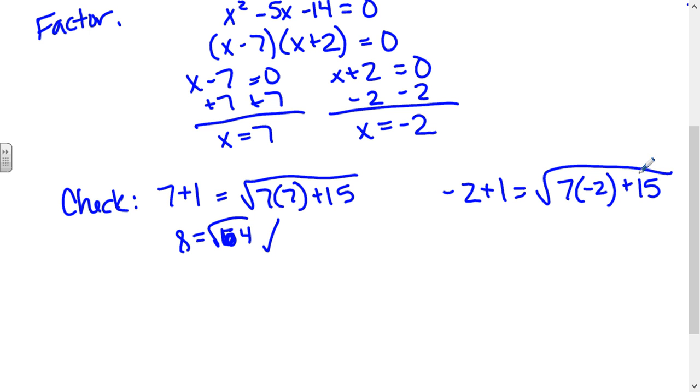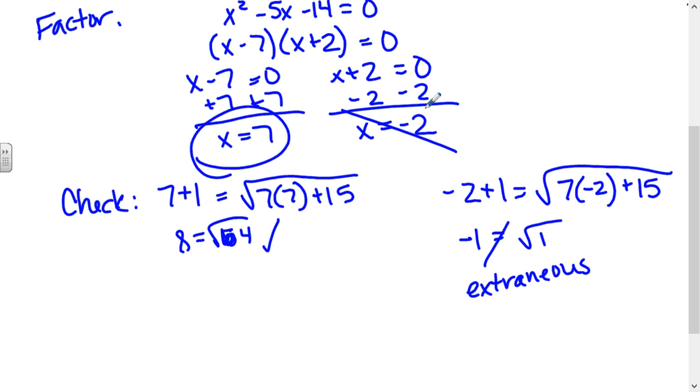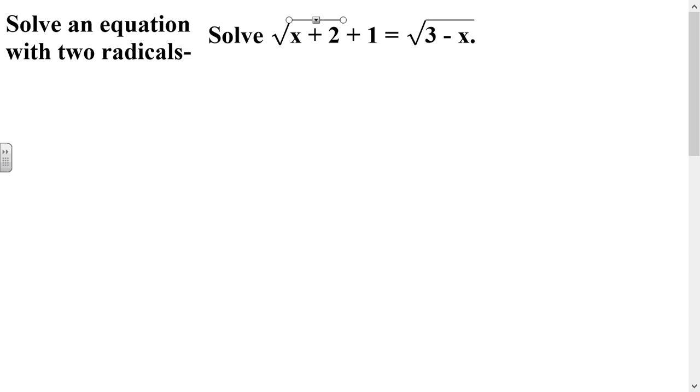So then this side would equal negative 1, and then on this side, we get negative 14 plus 15, which equals 1. And obviously, the square root of 1 does not equal negative 1. So this one would be extraneous. An extraneous solution is when you plug the number back in and you worked everything out right, but it doesn't check out. So the only solution to this equation would be x equals 7. X equals negative 2 would not be a solution.